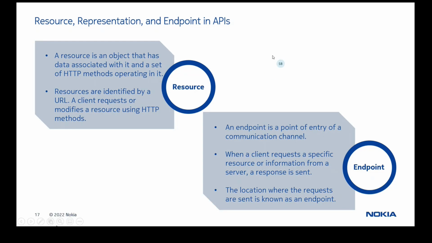So, what is a resource? Well, it's basically an object that has data associated with it. They're identified by a URL. Well, in actual fact, they're identified by a part of a URL, and you'll see that a bit. An endpoint is really identified by the entire URL. It's a sort of gray area and really depends on who you talk to.